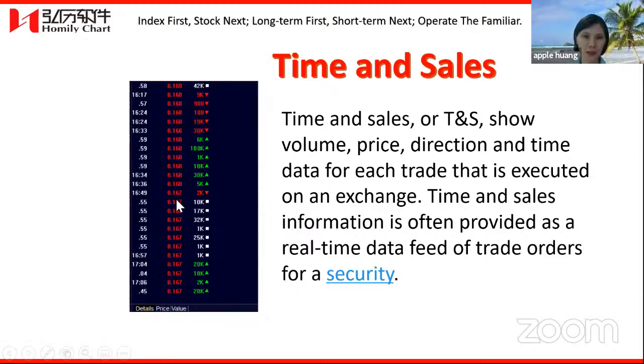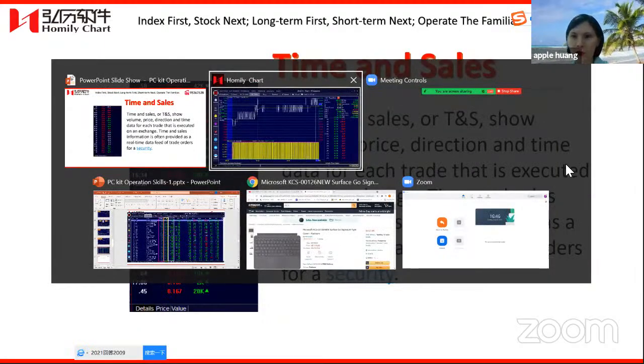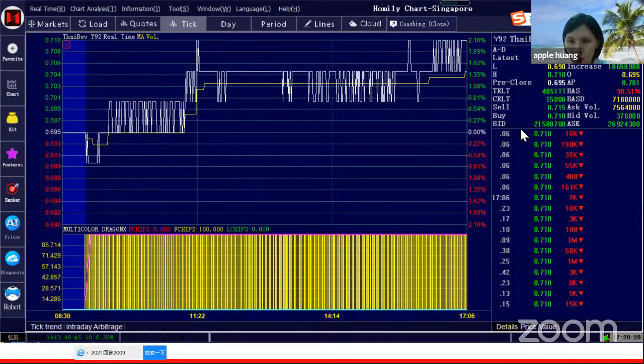So in this case it is white. You can see the actual trade volume here. But you see in the last minute, a lot of sell down for Thai beverage.